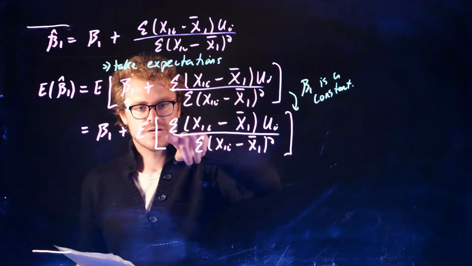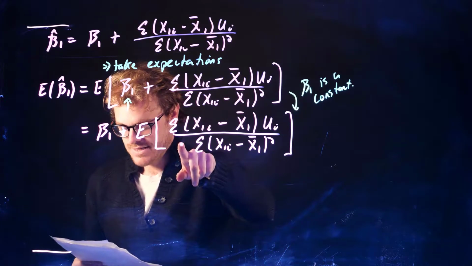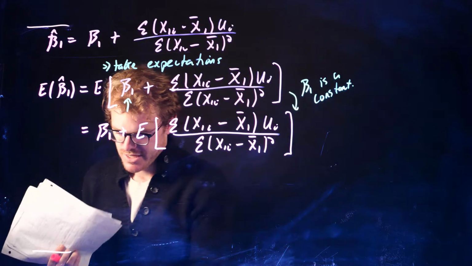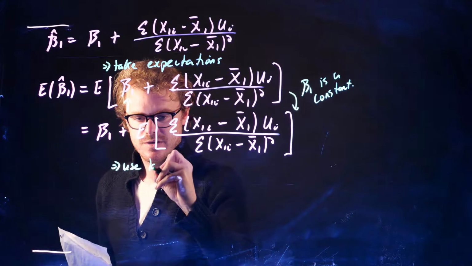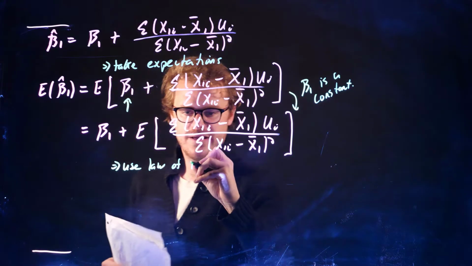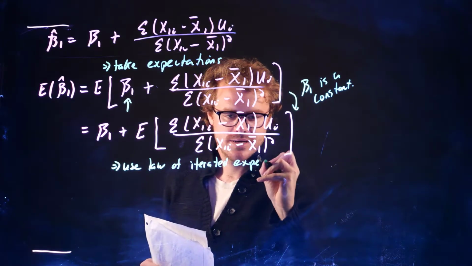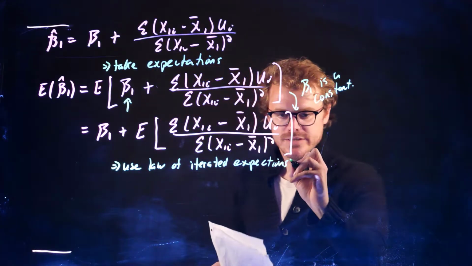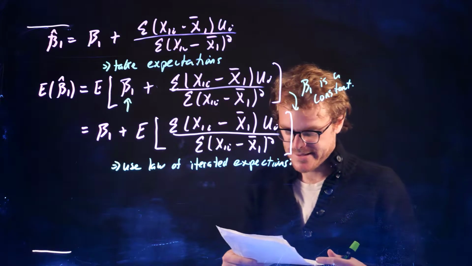And now we're going to use something called the law of iterated expectations on this big expectation here. In 4.3.5.1, don't worry too much. I'm not going to ask you to use it randomly on some test or anything like that.